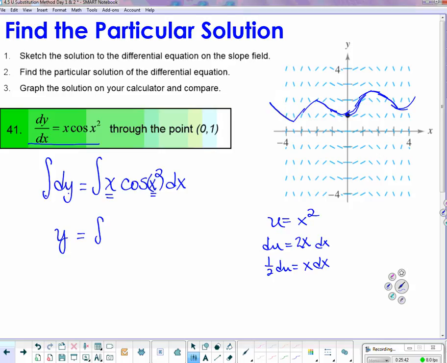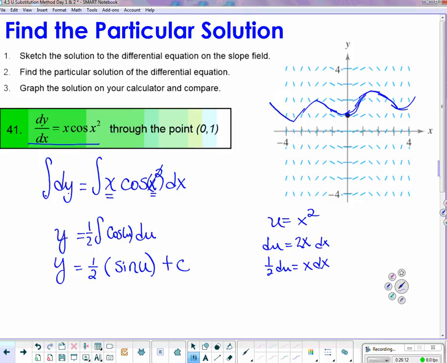Update this. The integral of dy will be y. Replacement here: x dx gets replaced with 1/2 du, and the cosine will be of u, because the only thing I'm replacing is that x squared. Now let's integrate, so we get y is equal to 1/2 the integral of cosine, which is positive sine of u plus c.